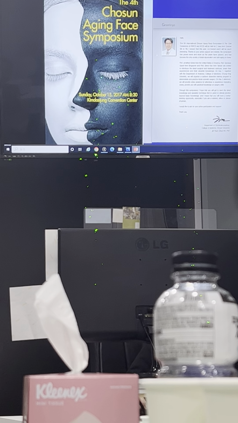Every year I organize the Joseon Aging Face Symposium. This year, October 14 and 15, during the AMAS, I also organized the 8th Joseon Aging Face Symposium. The whole day is only for the facelift.